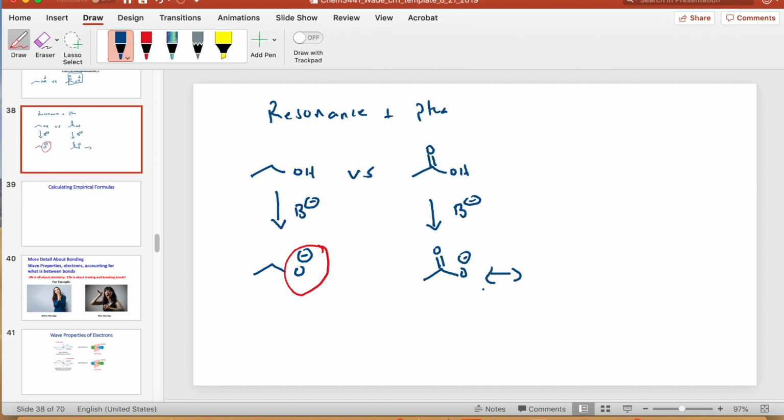So I can actually draw a resonance structure by moving these guys in and then these guys out. So what this means is that I can look at this in a different way. I sort of have that minus charge that's spread between the two of these, right? So it's spread between this oxygen and this oxygen.